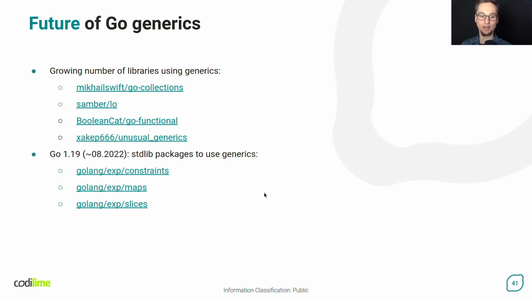And right now, there are additional packages in the experimental repository. For example, we have constraints, maps, and slices. The maps package has some functionality helping to work with maps, and slices is functionality for working with slices. And in the next release, which is later this year, Go 1.19, the standard library will use and contain generic code.